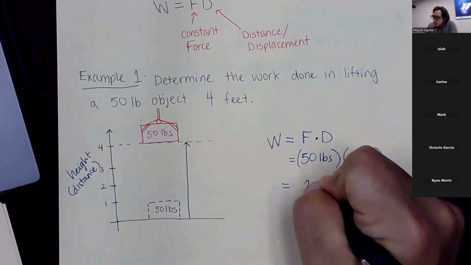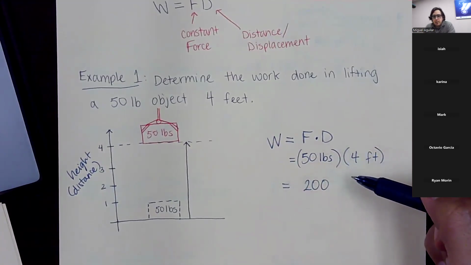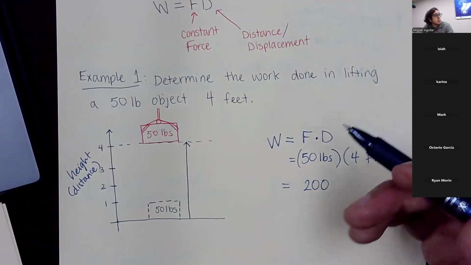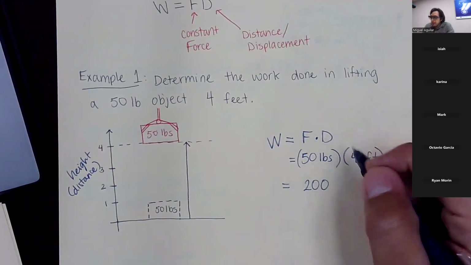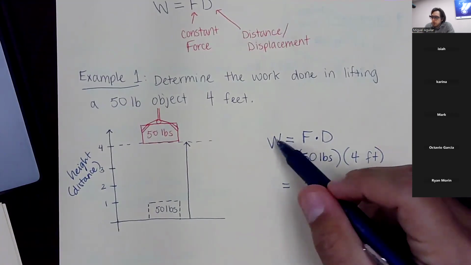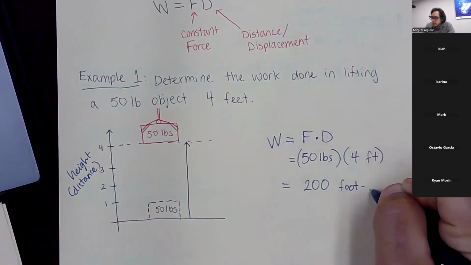Okay, 200. And if you're not familiar with measurements in different kinds of units, you may have seen some in a chemistry class or maybe a physics class already. What we're going to get in terms of our units for work in this case is something called foot pounds.